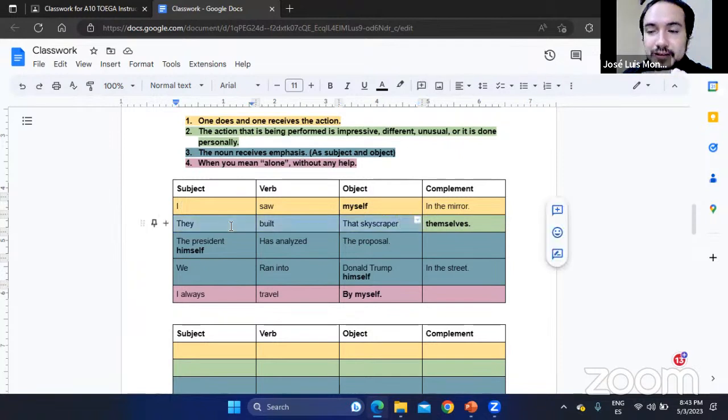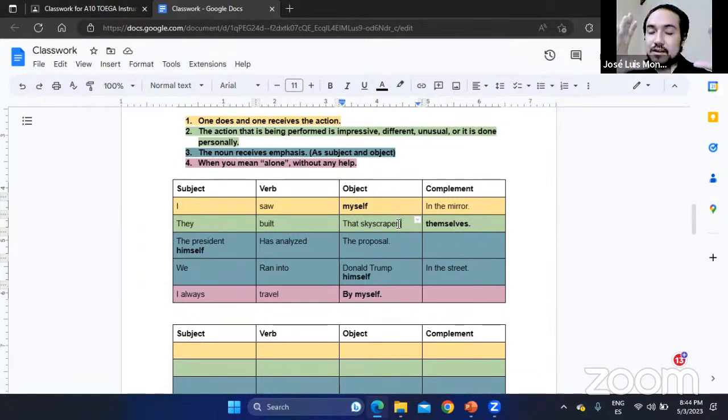And also, Gladys, you asked me the best place. It's better to place it at the end because the emphasis is on everything. The emphasis is on they built that skyscraper. That's what is impressive. That's why it's at the end of everything. All right, that's number two.